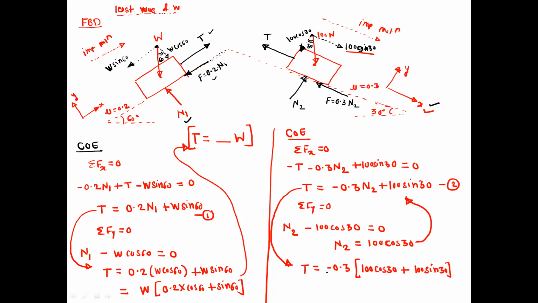Okay, so we will get the value of T directly from the second FBD. So find out this value and then put this value in this equation. So you will get the value of W, and that is the least value. So this is the W minimum. So first find out T value and then find out the W value.